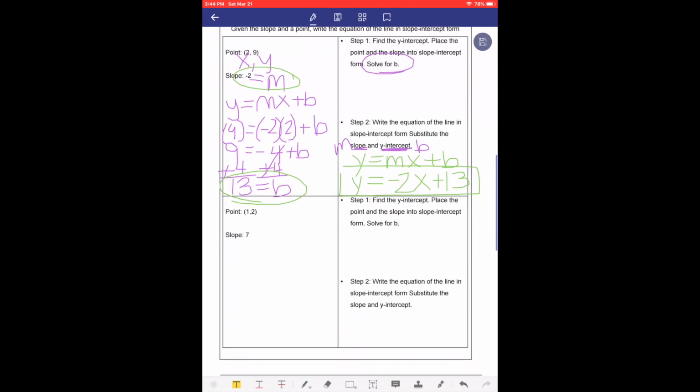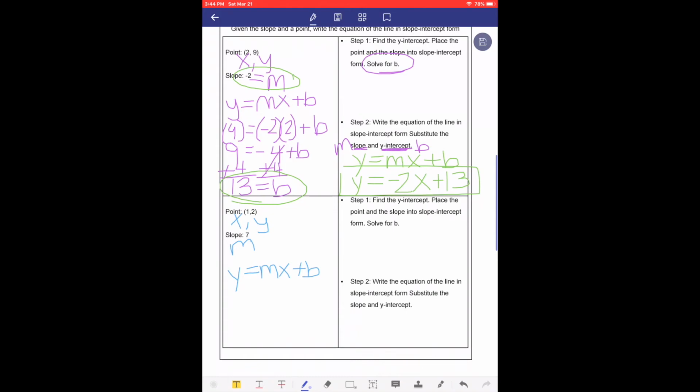The next problem, they give you the point of 1, 2, and the slope of 7. Again, start by labeling. So your point is x, y, so 1 is x and 2 is y, and the slope of 7 is the m value. Now my slope-intercept form is y equals mx plus b.